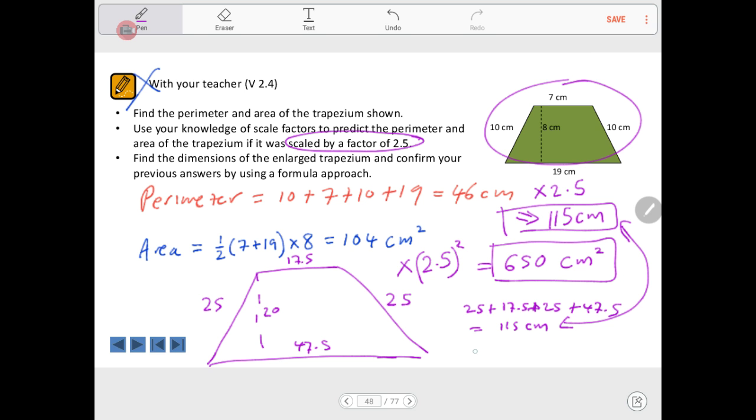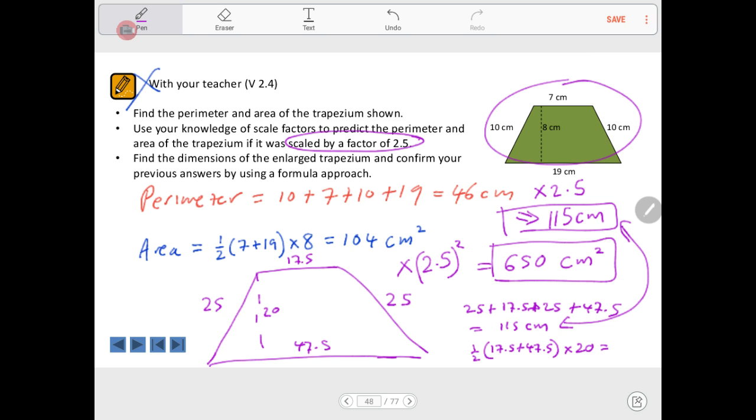What about the area? A half times the base length plus 47.5 at the top times the new height 20. So put that into your calculator, and do you get the same area as before, 650?